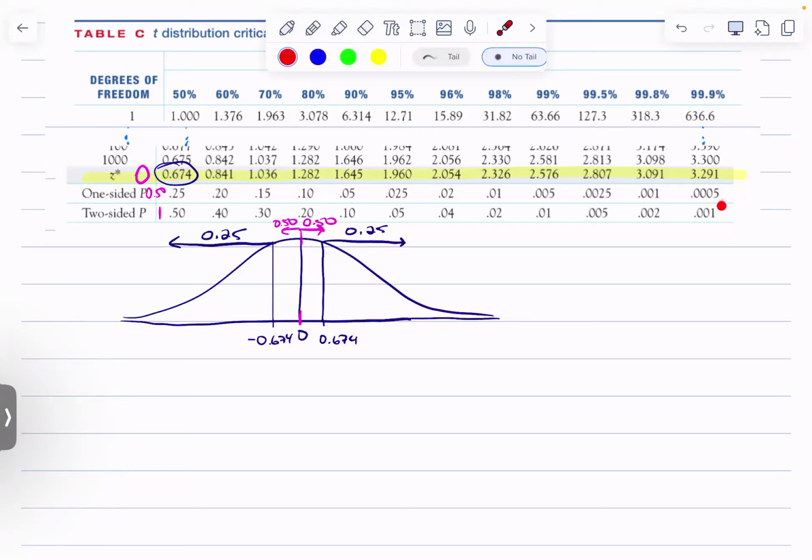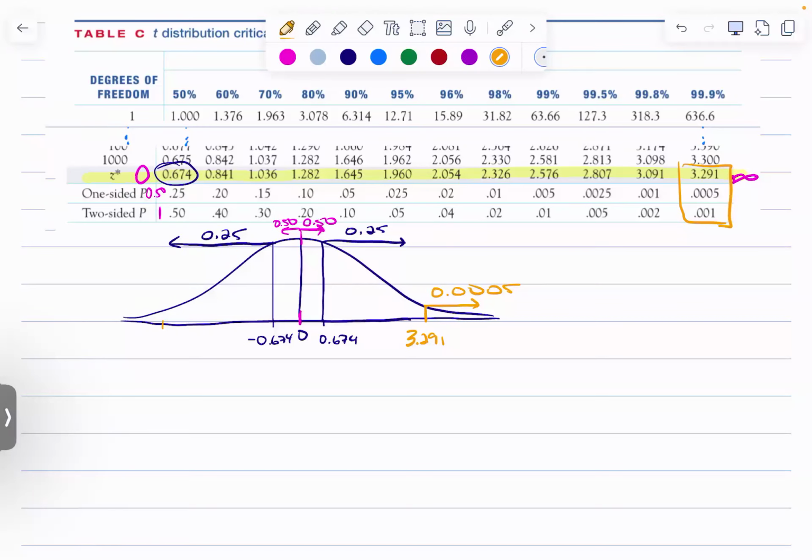Let's do the same thing on this end. Zs, we know, keep going to what? They keep going to infinity. So I'll do this stopping point, 3.291, which has an area in the tail of 0.0005, very, very small.